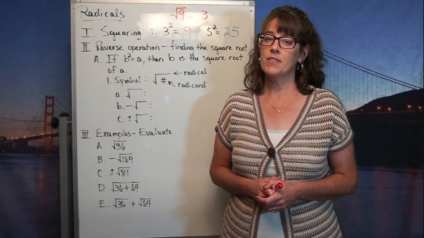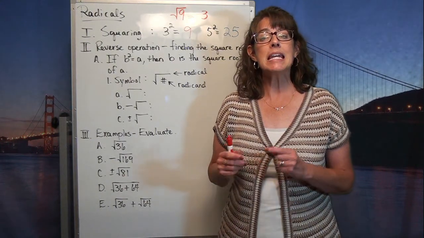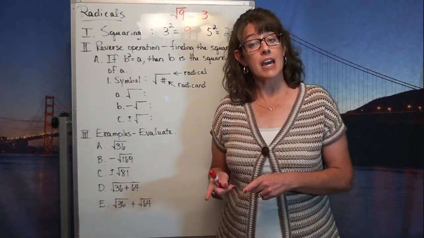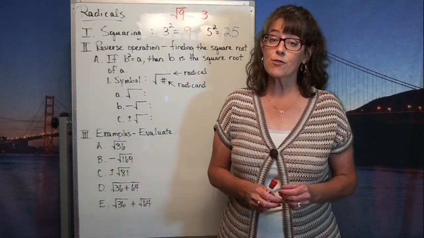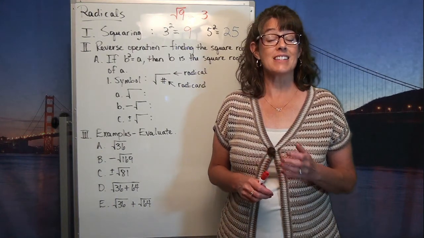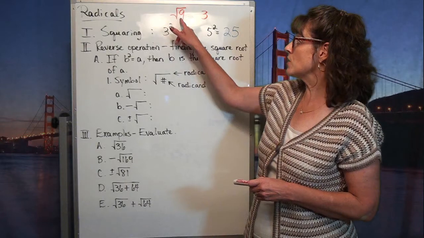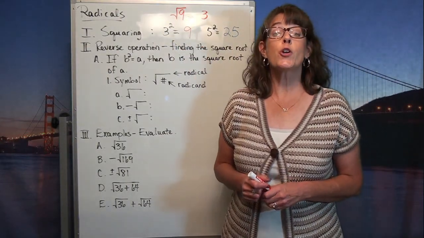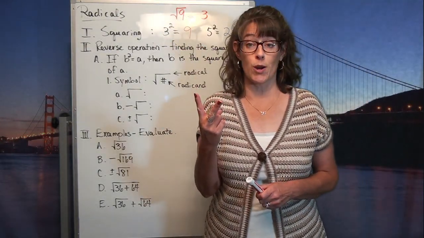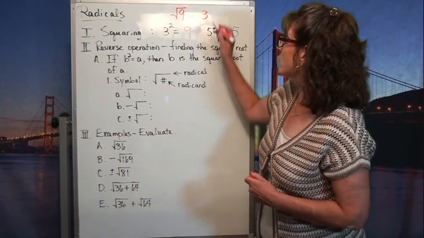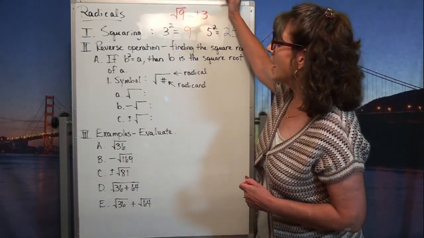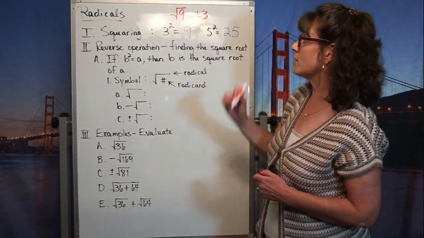Think hard. What about a negative 3? Negative 3 times negative 3 will give you what? Yes, negative 3 times negative 3 will still give me that positive 9. So there are actually 2 square roots of 9. There is the positive 3, and there is as well the negative 3.